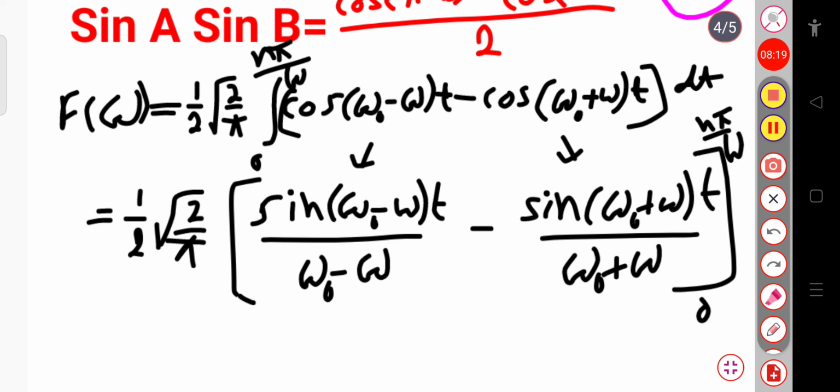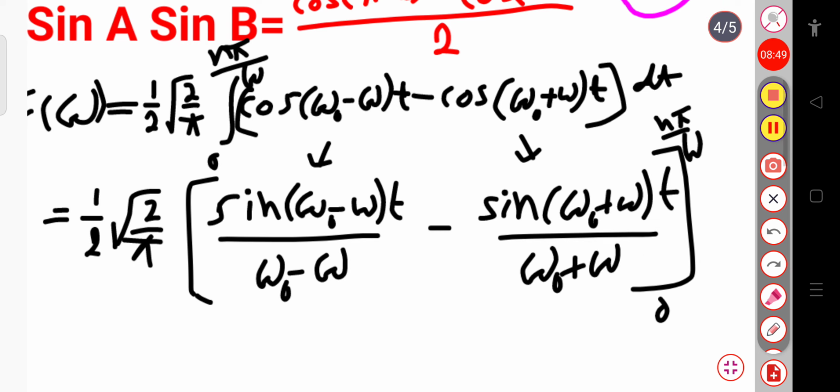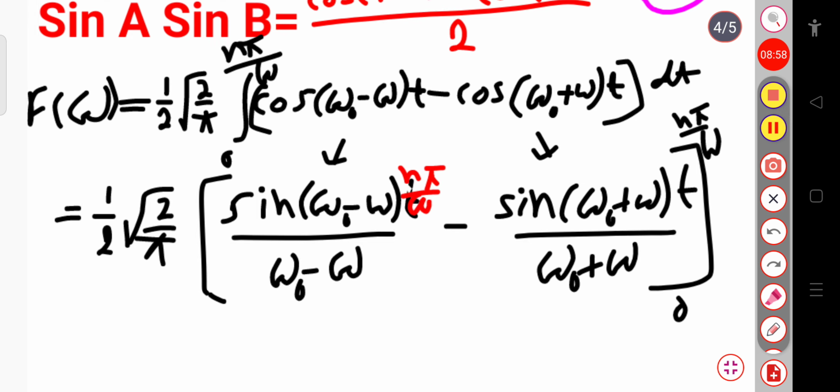Now in this equation, if I put the integration limiting value, the t value will be n pi by omega. Then minus the sine of 0, and sine 0 is 0. So I am not taking the lower limit, because in both cases sine 0 is 0. Only I have to put the upper limit. So in place of t, I am directly writing n pi divided by omega, in the first term and also in the second term.